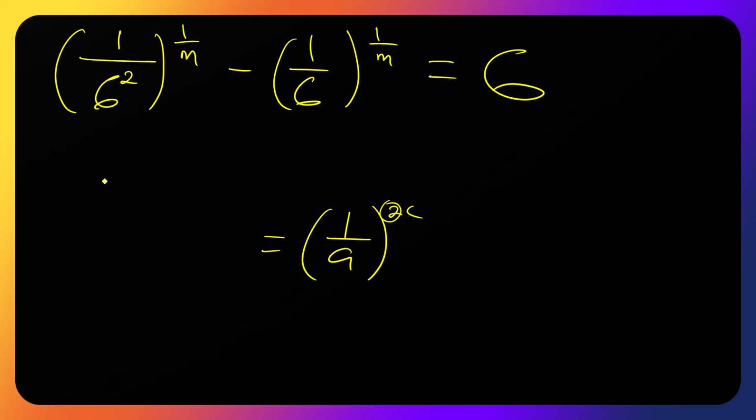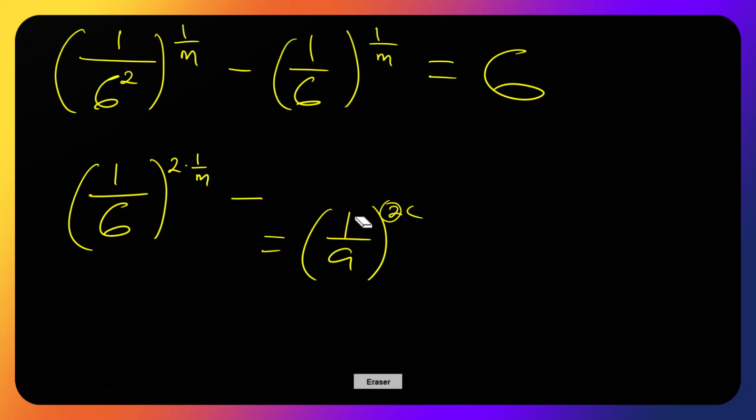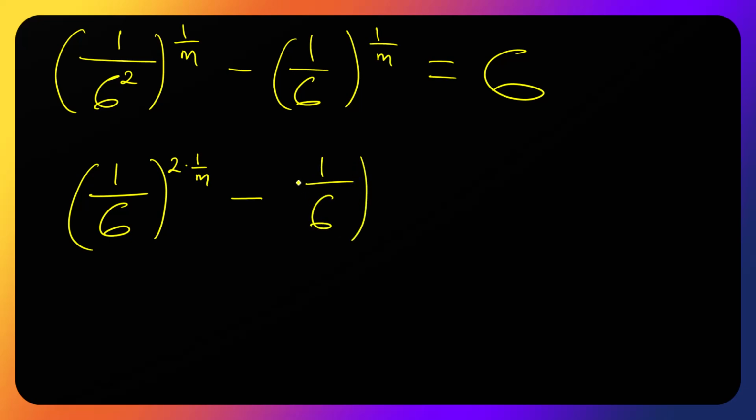That will make it (1/6) raised to 1 on m, all raised to 2, minus (1/6) raised to 1 on m equals 6.